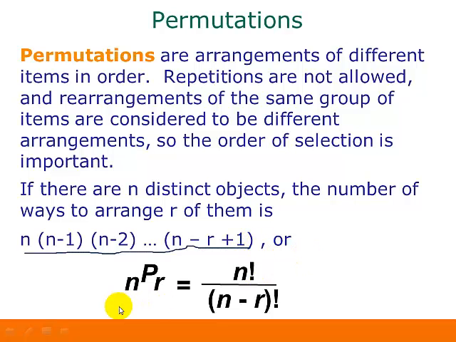Now the actual formula, and here's the notation, this means we have a permutation of n objects taken r at a time. The actual formula is n factorial over the quantity n minus r factorial. Now you can also do this on your calculator, and you will see a symbol on your calculator that looks just like this.